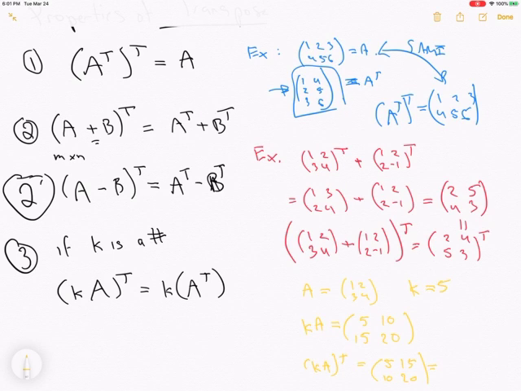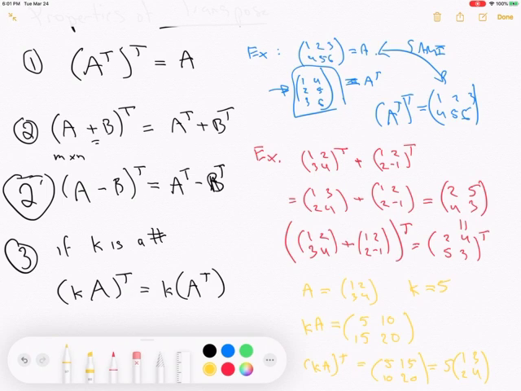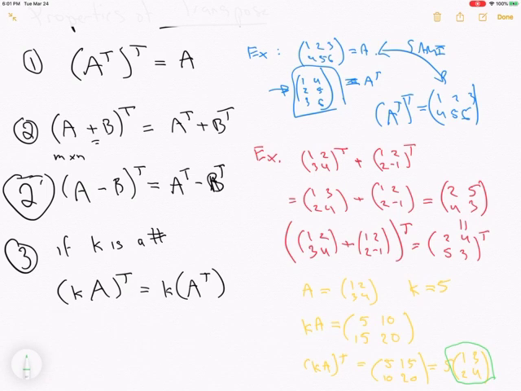And of course that's the same thing as pulling out the 5. You get 1, 3, 2, 4, and you'll just notice that this matrix here is the transpose of that matrix here. So in other words, this thing is actually just equal to k times A transpose. So anyways, it behaves well with respect to all of the matrix operations.